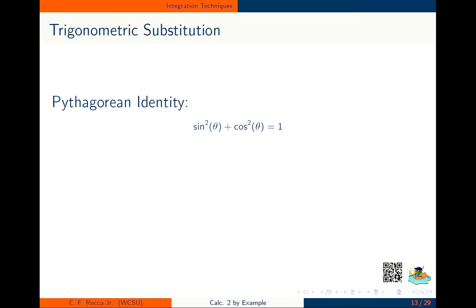Most trigonometric substitution problems center around variations on the Pythagorean identity from trigonometry, which says that sine squared of theta plus cosine squared of theta equals 1.